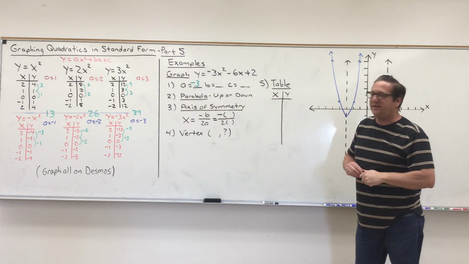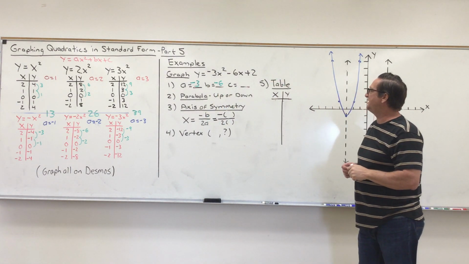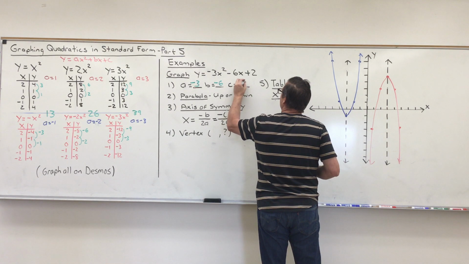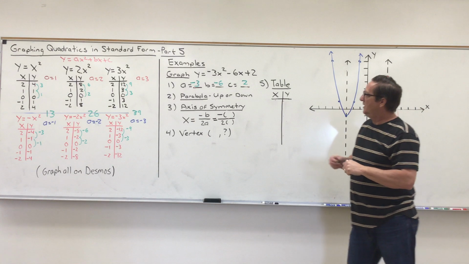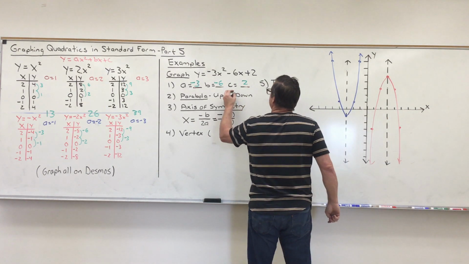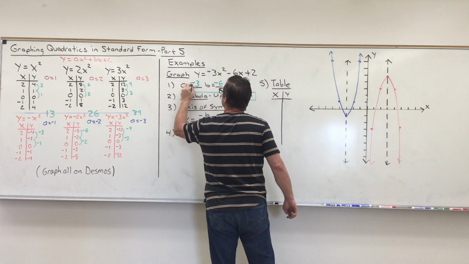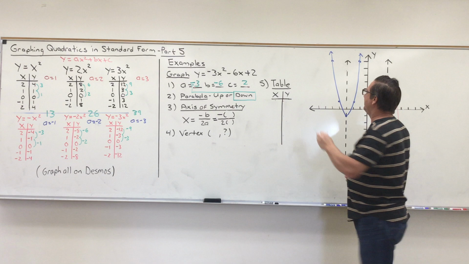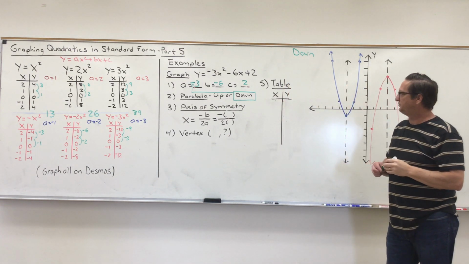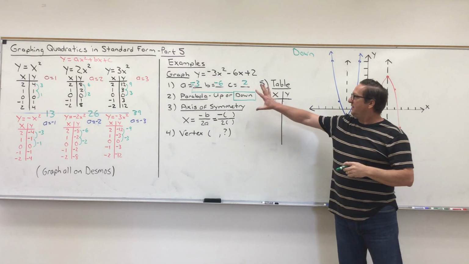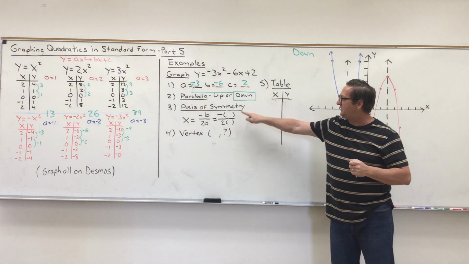So A is negative 3. B is negative 6, and C is 2. Our parabola is going to go down. Because A is negative. So I declared these things ahead of time. I know I got a parabola going down. And so I'm going to do my axis of symmetry.